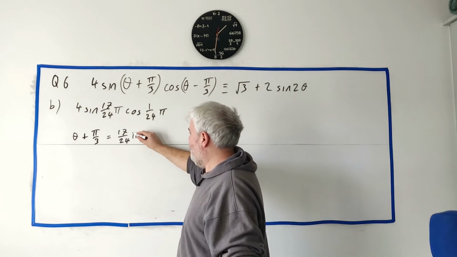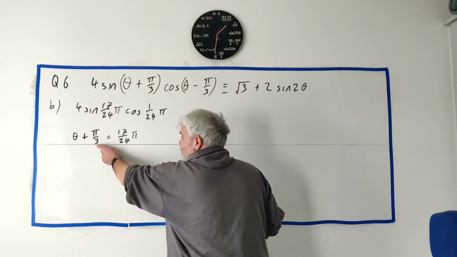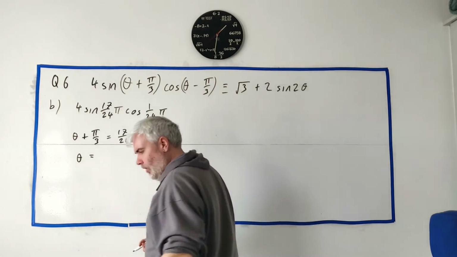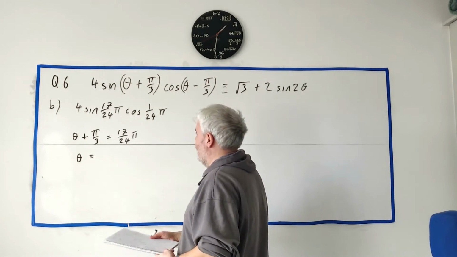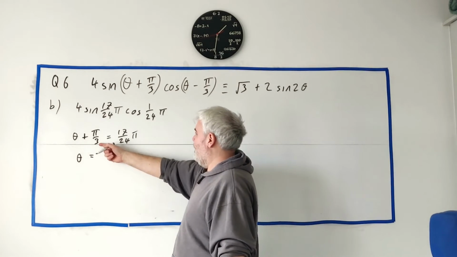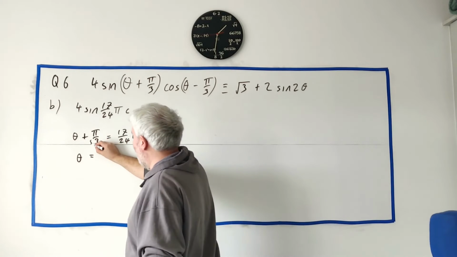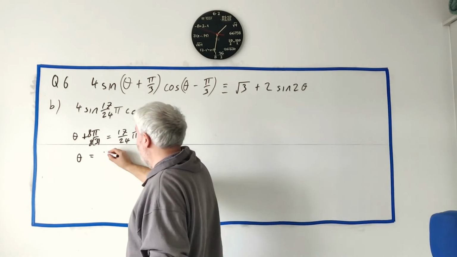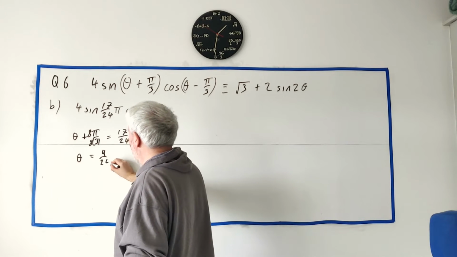17 over 24 pi. Basically this just comes over and takes away. The angle would equal, I have it written down here, so actually let's just do it. 24, multiply that by 8 and multiply the top by 8. 17 minus 8 is 9, so 9 over 24 pi.